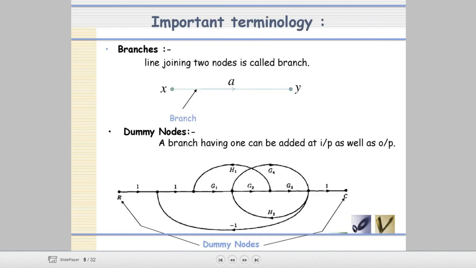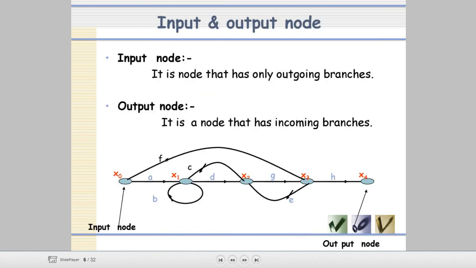Now important terminologies, branches. A line joining two nodes is called a branch. X is a node, y is a node, and this is called a branch, which is joining these two nodes. A branch having gain one can be added at input as well as output. We have to add two dummy nodes, one for input and one for output.